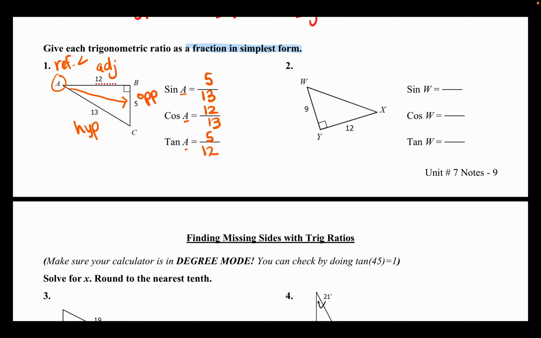Number two, we first need to find this missing side. We don't know what WX is, so let's find it. Now remember, if you have a right triangle with two known sides and one missing side, you can use Pythagorean theorem to find it. So WX squared is equal to 9 squared plus 12 squared.